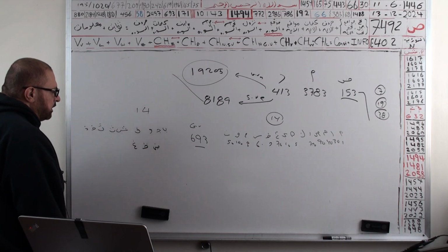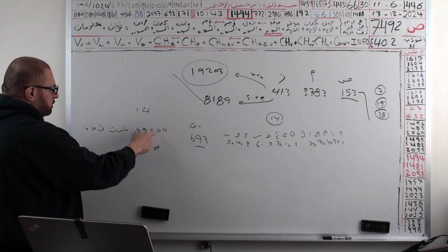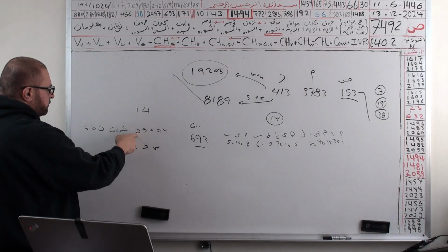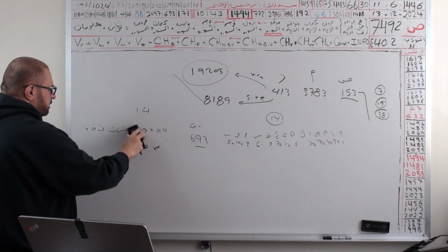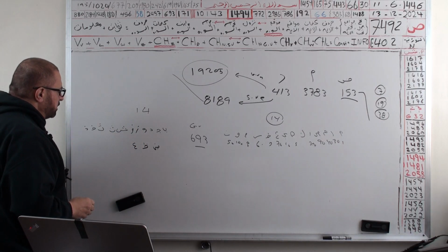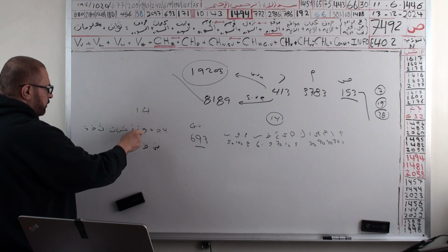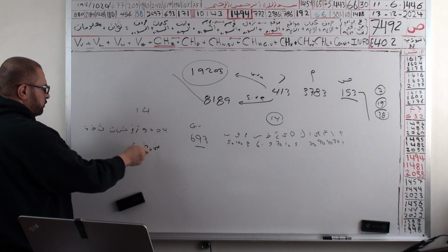What's left? Abjad. One more here, Dal is not there, Waw is not, Zain is not. So I get the rest: Fa, Sa, Ka, Ra, Shat, Tha, Kha, Dhal. It must be 14. 1, 2, 3, 4, 5, 6, 7, 8, 9, 10, 11, 12, 13, 14.